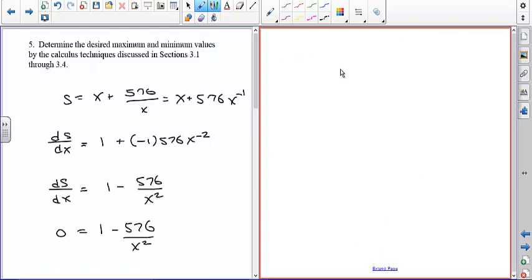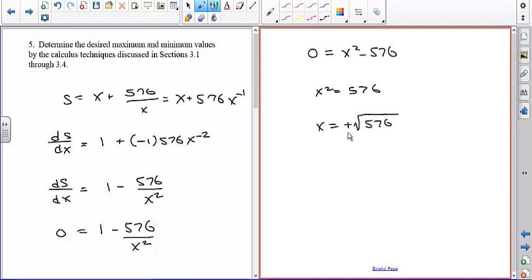So we can multiply everything by x squared, and you get 0 is equal to x squared minus 576. x squared equals 576. x equals plus the square root of 576.